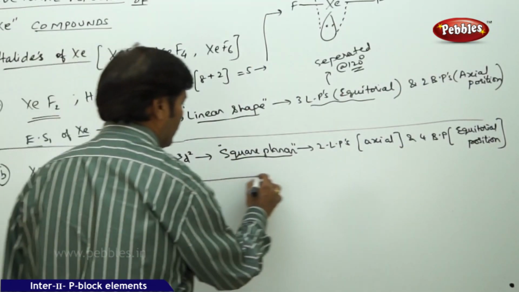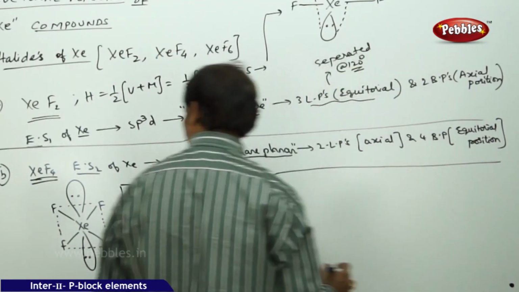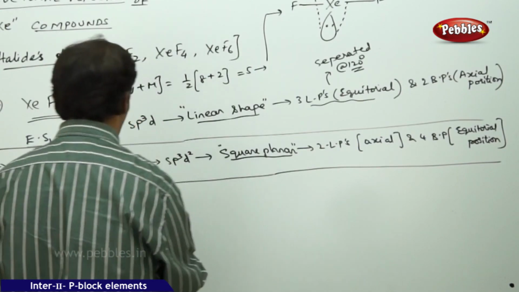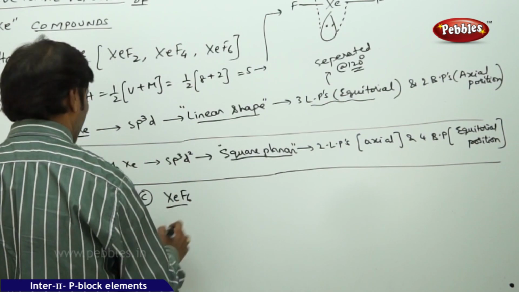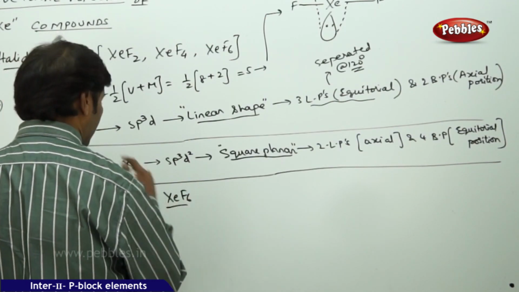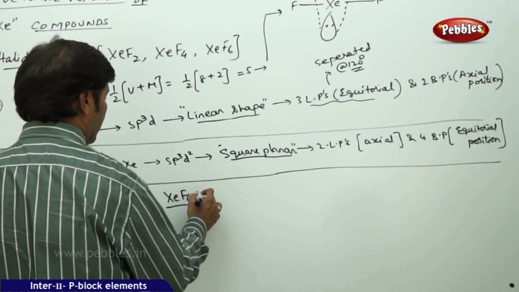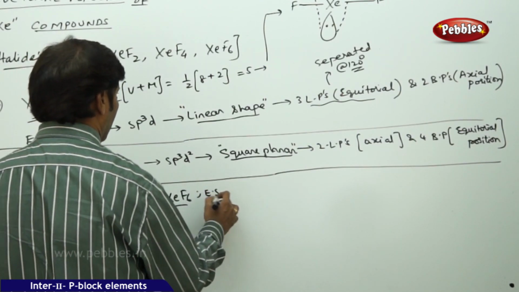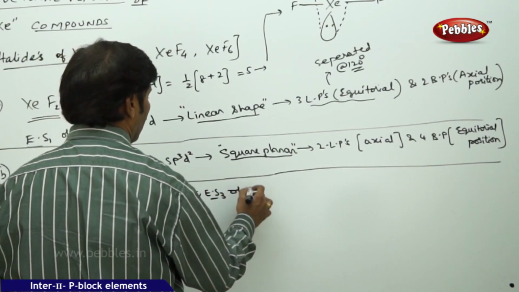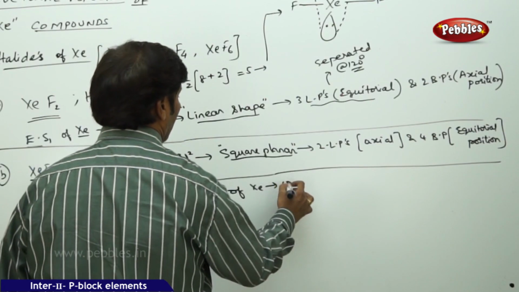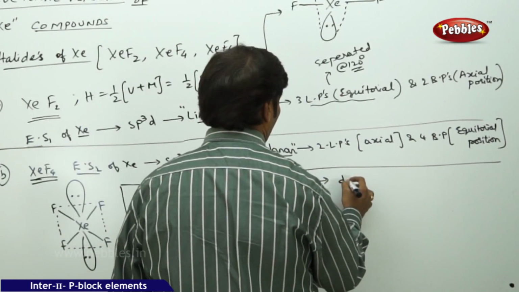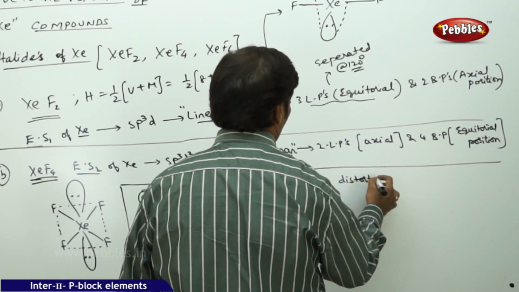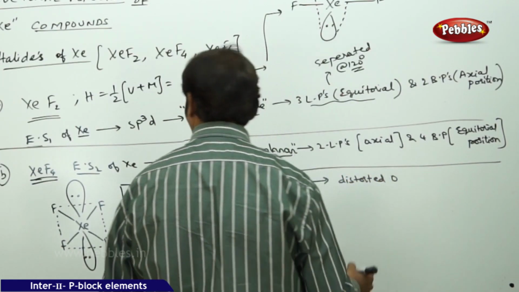Now going back to the last one, that is XeF6. If you take XeF6, in the excited state 3 of xenon, it undergoes sp3d3 hybridization. Then this is a distorted octahedron.